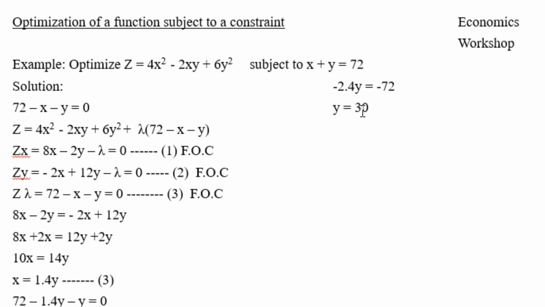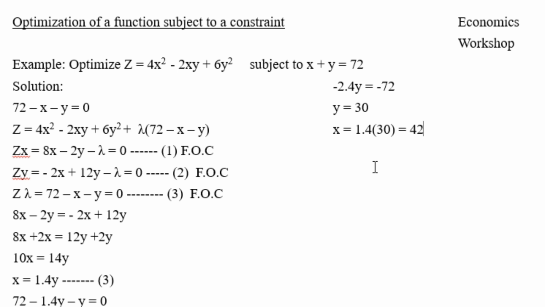So that's the value of our y. And we substitute y equals 30 in equation 4 to obtain our critical value x. x equals 1.4 multiplied by 30, that equals 42.